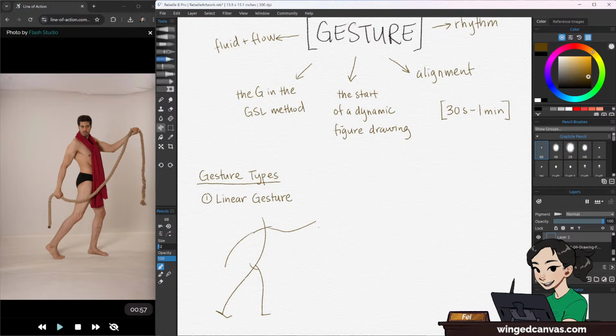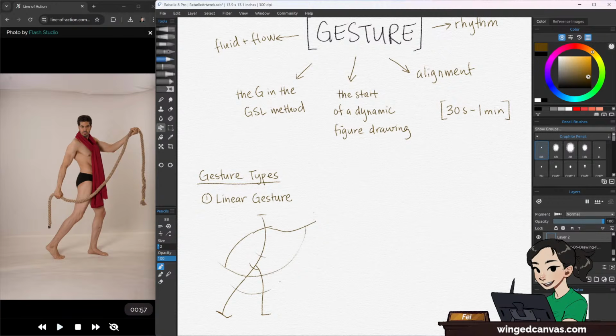So this is what a linear gesture is. And then if I was to draw my alignments, I might draw my alignment lines like this. I might align the legs, and then draw the top of the head, and then start to draw in some of the secondary lines like that.